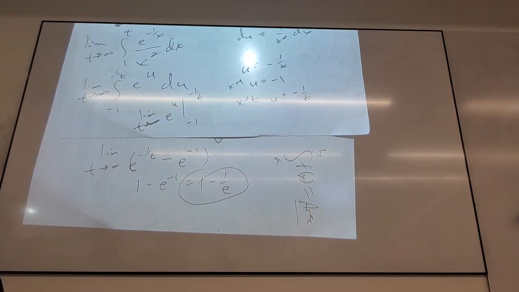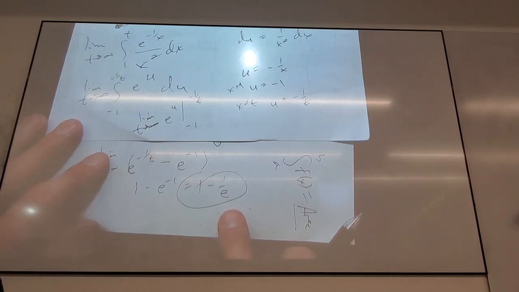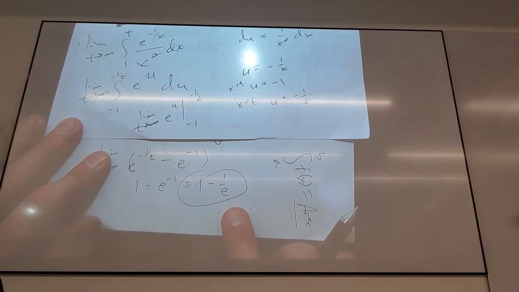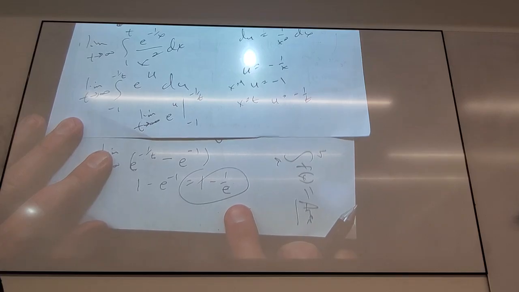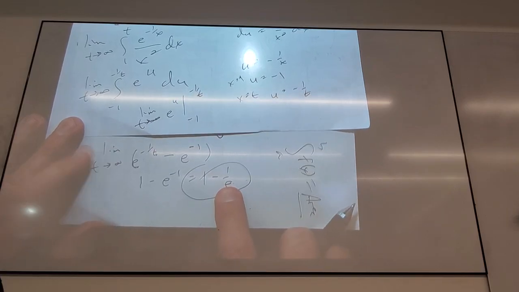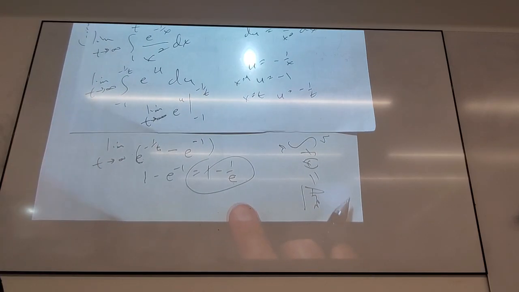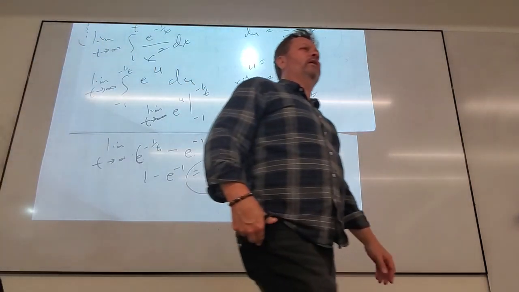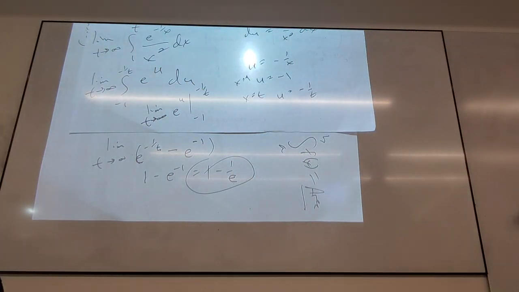Yes? How do you know whether it's convergent or divergent? Oh, was this convergent? Yes. How do I know? Because it goes to a number. Yeah, it's a finite number. It didn't go to infinity. So if I integrate and have the limit as t goes to infinity of e to the t, what does e to the t do as t goes to infinity?